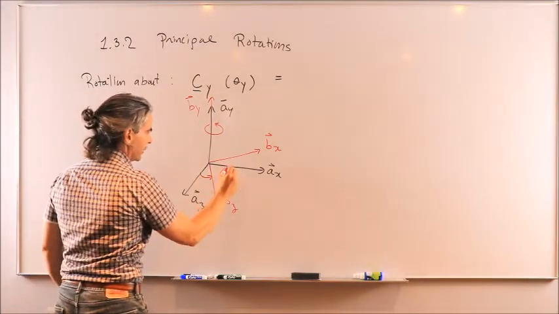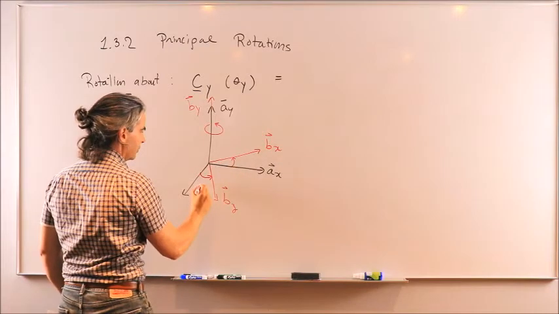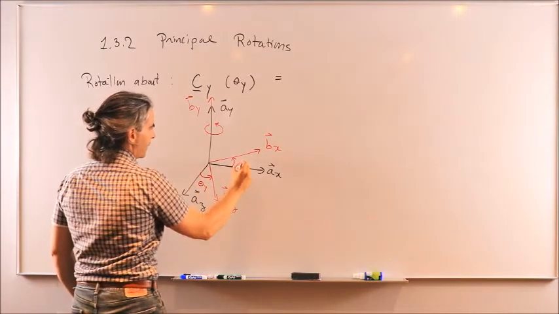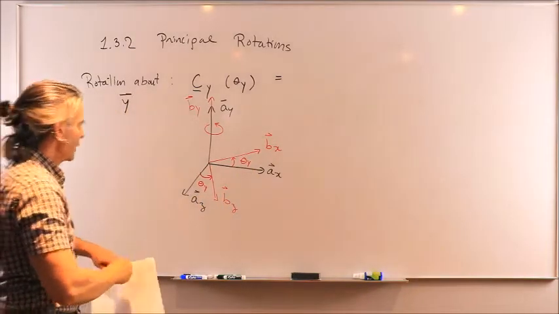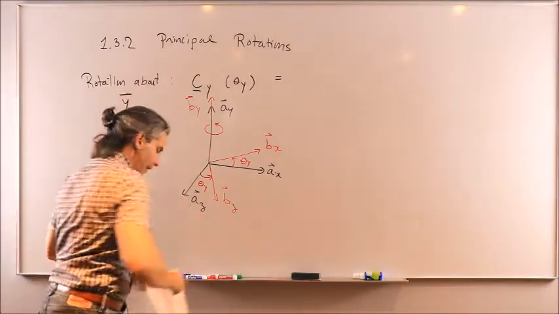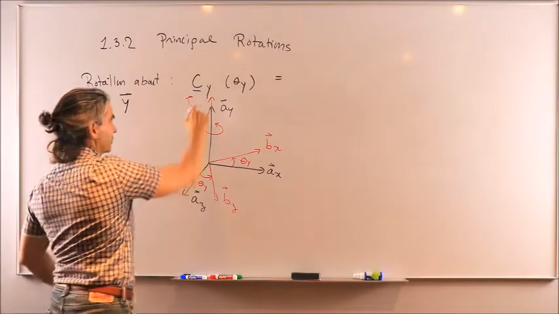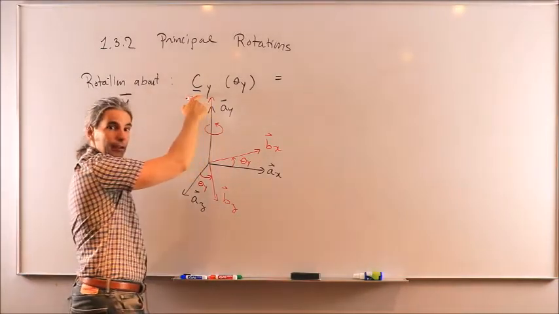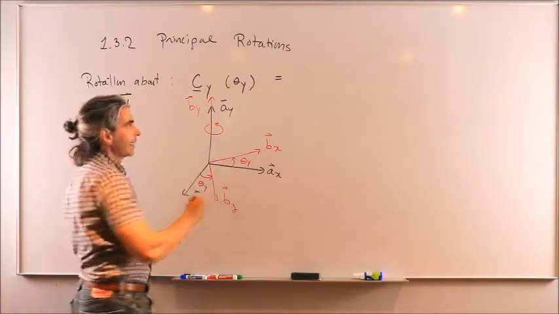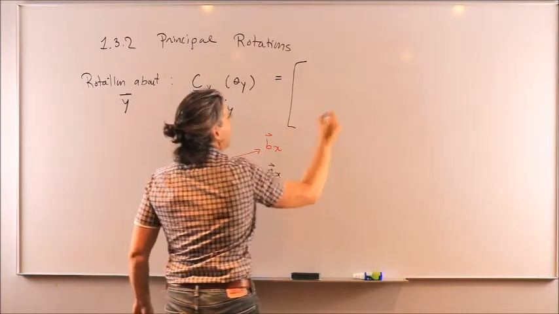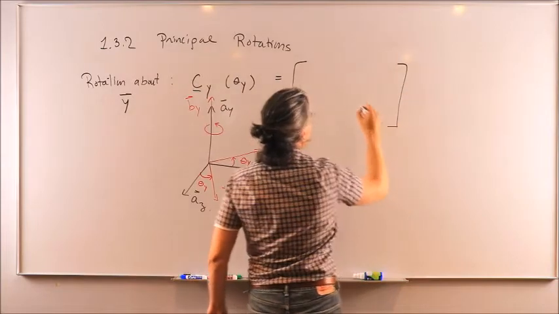And the angle of rotation in that case is simply denoted by theta y. All right? So whenever that is the case, you can directly write that the rotation matrix that relates the orientation of reference frame B with respect to reference frame A is a 3 by 3 as per usual.